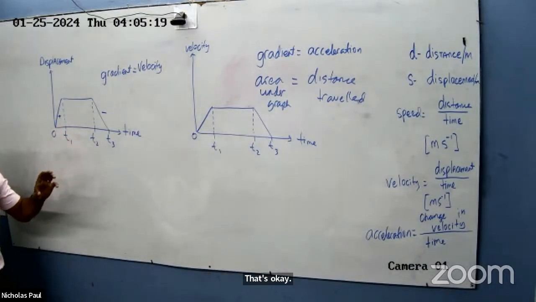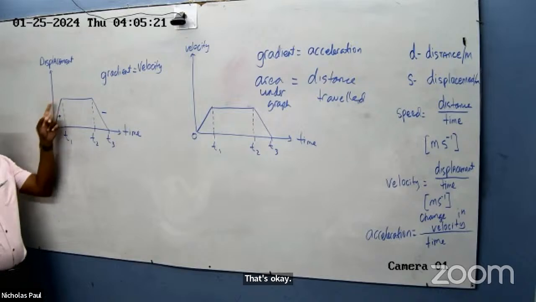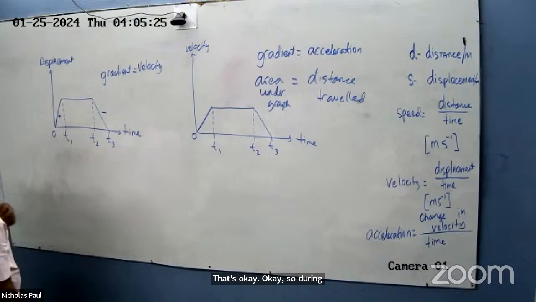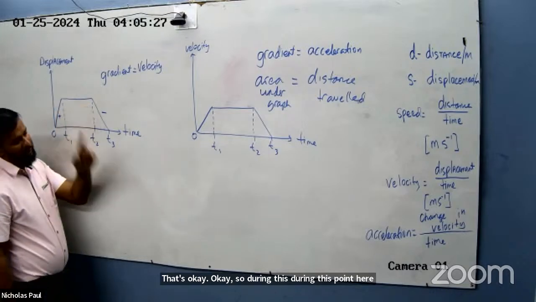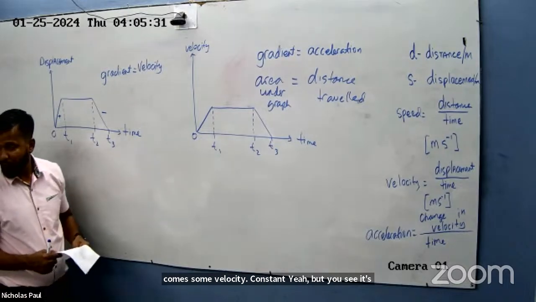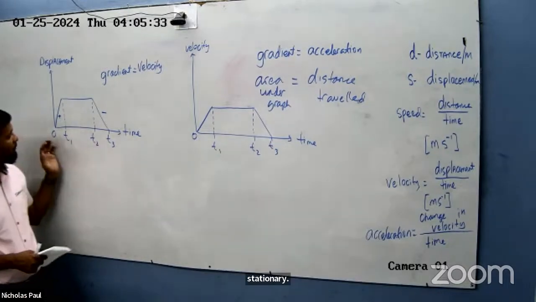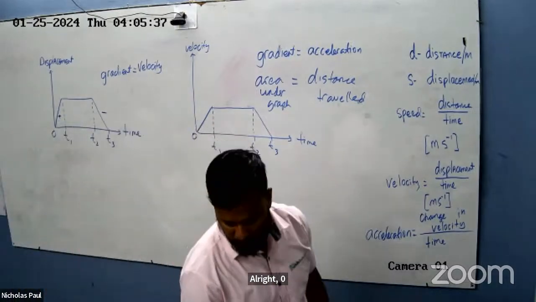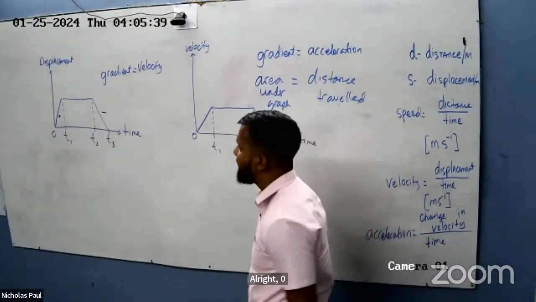Okay with that? So during this point here, constant velocity. So you move with a nice constant velocity. Here is where I stayed stationary, and here is where I return. All right. So write the sum.